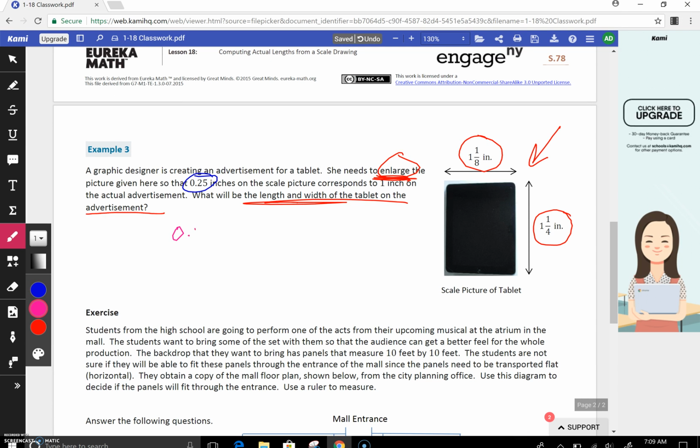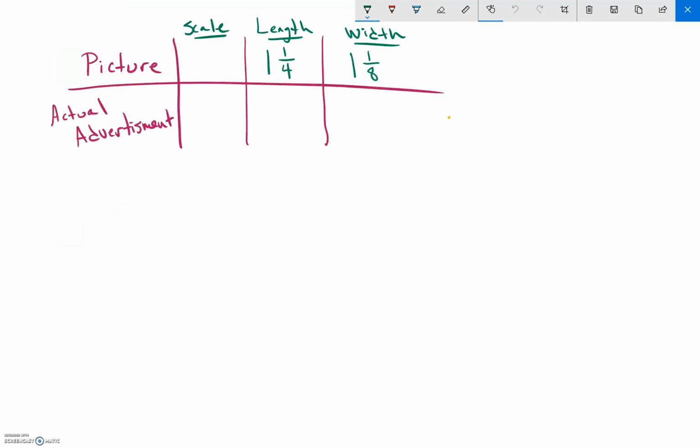So you can write that as 0.25, or you can write it as its equivalent fraction form, which would be 1/4. So let's use 1/4 since we already have everything else in fraction form. And we know that 1/4 of an inch represents 1 full inch on the enlargement. So if we put 1/4 of an inch here, we know that that will represent 1 full inch on the enlarged advertisement.